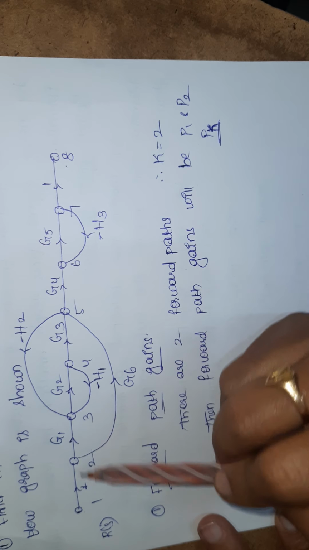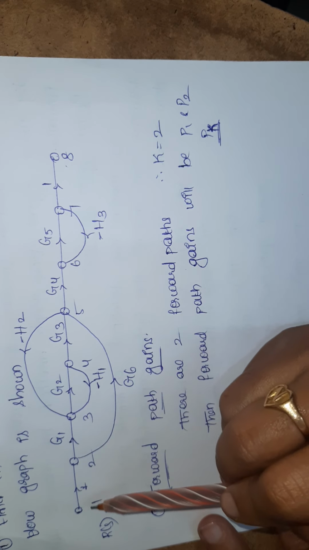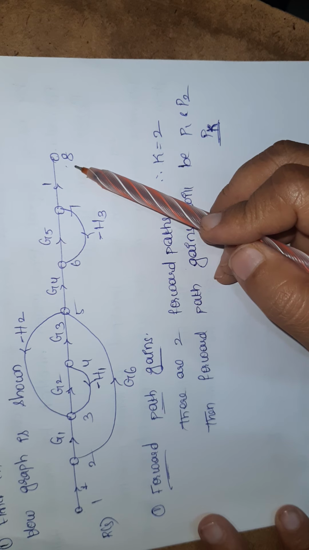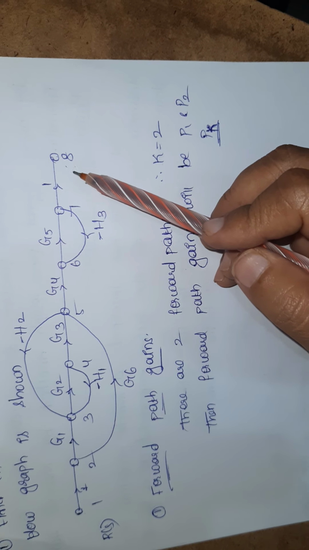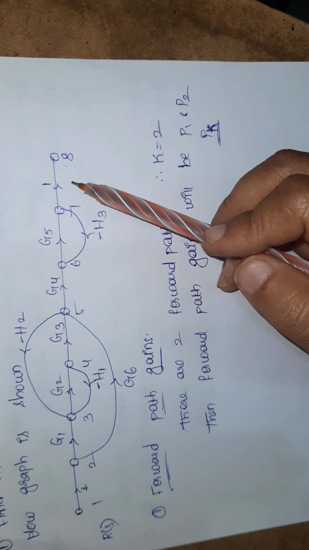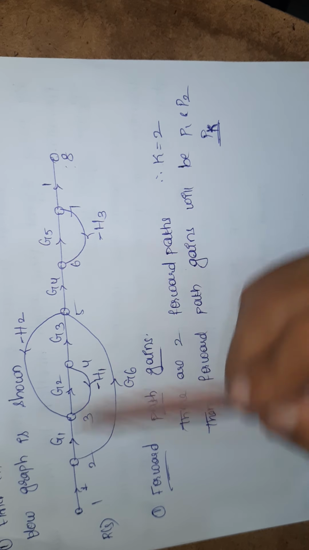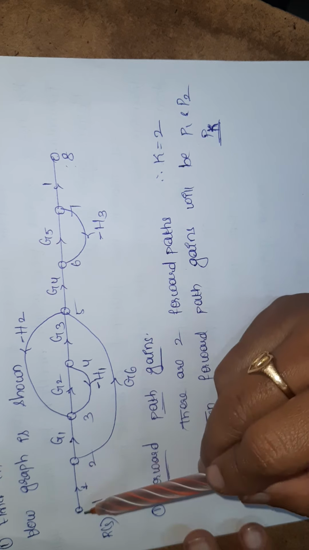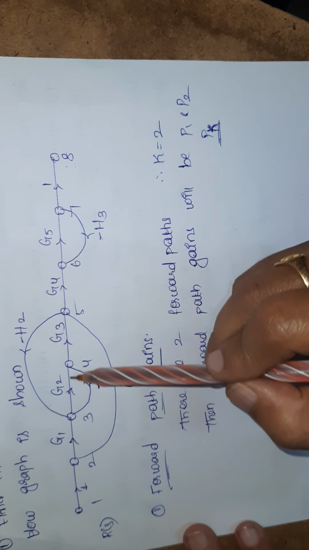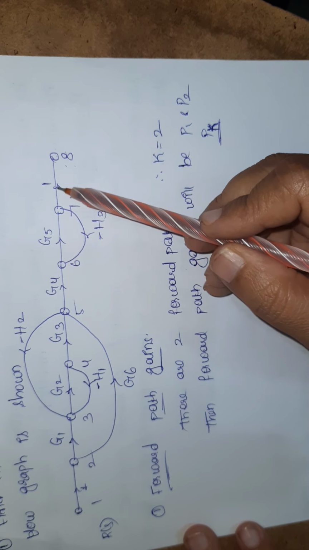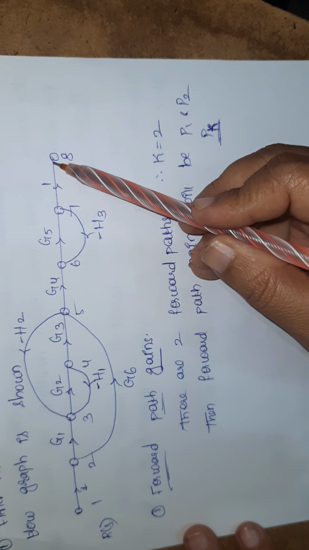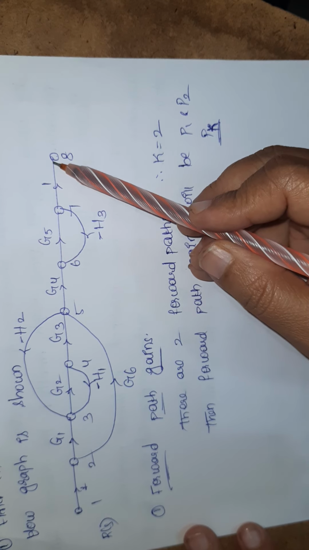One node is touched only one time from source to sink. The path should be generated from the source node and should end at the sink node. So how many forward paths are there? Like this: 1, 2, G1, G2, G3, G4, G5. Like this, one forward path, and one more forward path is there.